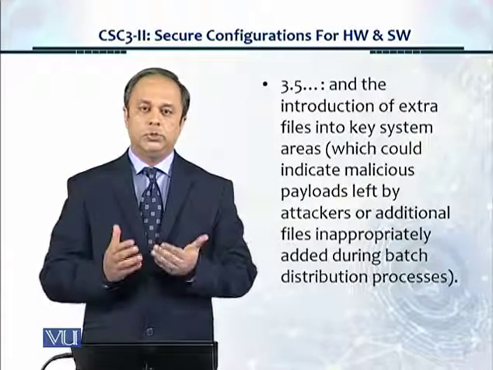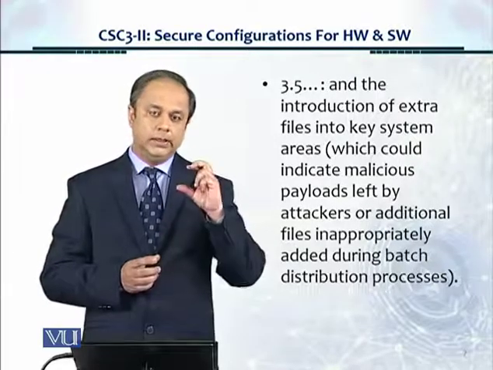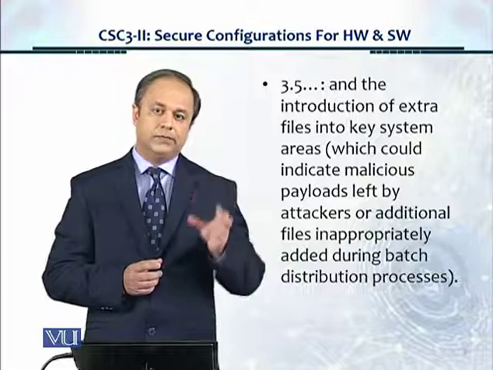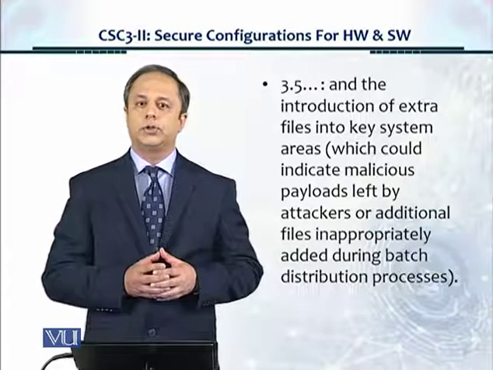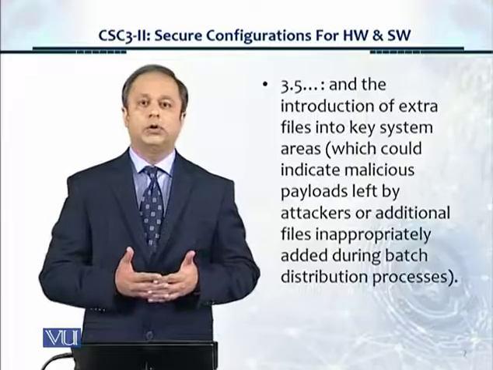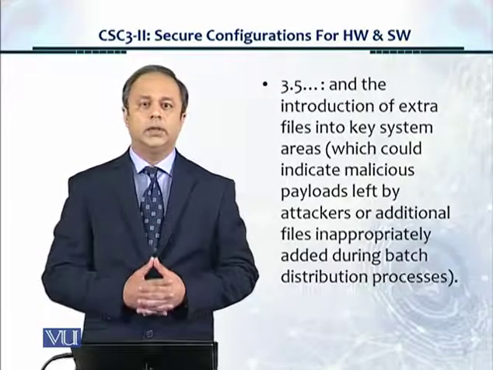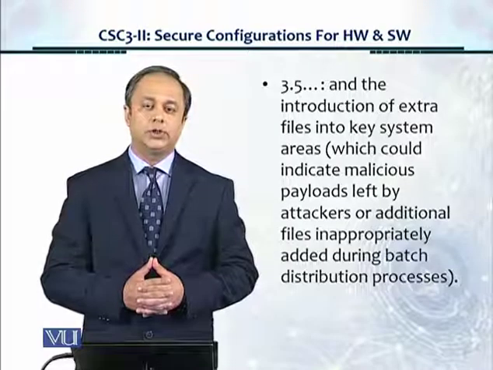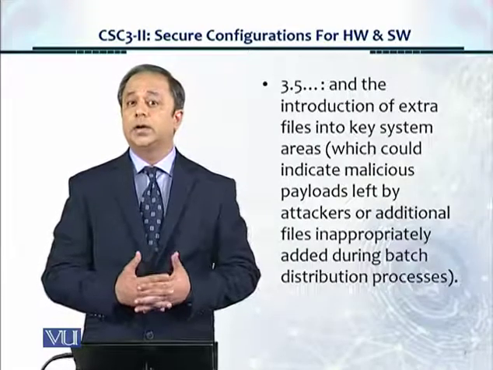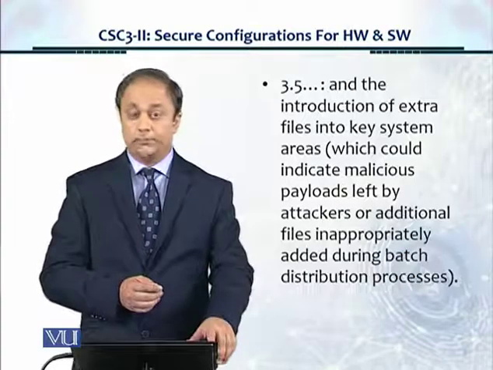So here we need to be very, very careful that in the critical areas in the file structure of the operating system, there is no unauthorized change, and any of these patterns that this control from CIS is mentioning could indicate that there is some kind of malicious activity going on.